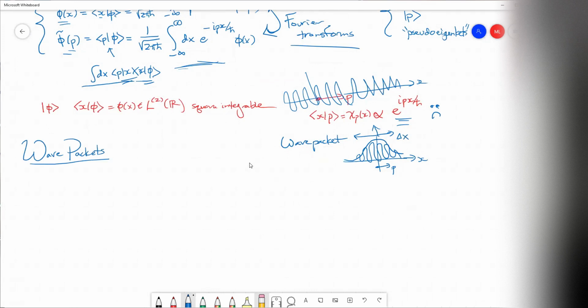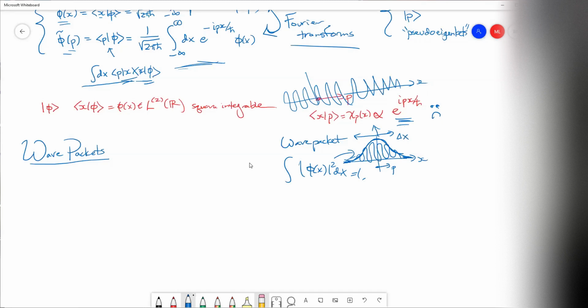And so again, the point is that this thing that's oscillating inside an envelope of some finite shape that goes to zero out at infinity, this thing is a proper wave function, right? This thing is okay because it's square integrable, perfectly sensible, unlike this thing in red, which is not. But it's okay because usually we'll see that the shape of the envelope doesn't really matter too much as long as you just put some kind of envelope on it.